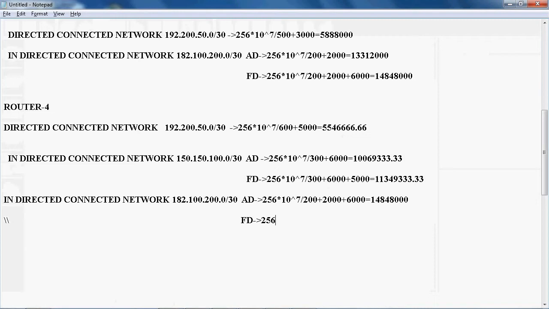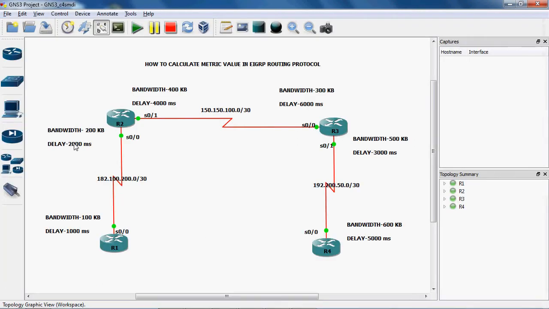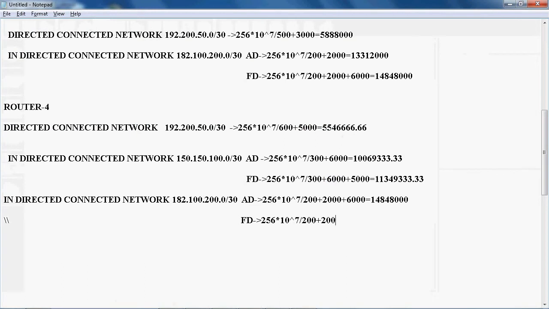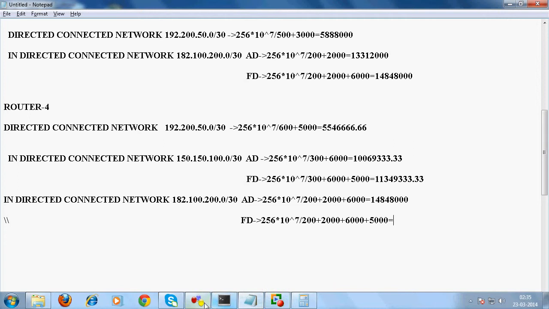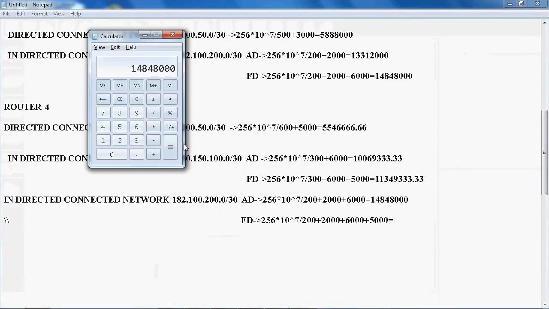So 256 into 10 power 7 divided by 200, plus all link delay values, that is 2000, 6000, 5000. 2000 plus 6000 plus 5000. Yes, 2000, 6000, 5000.